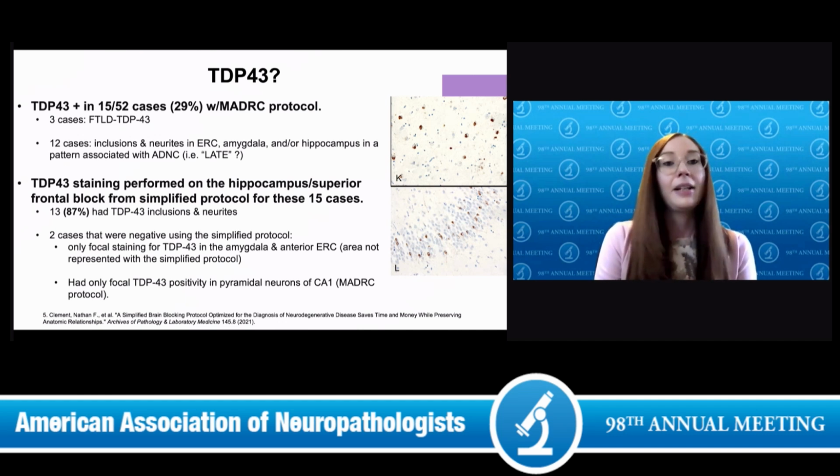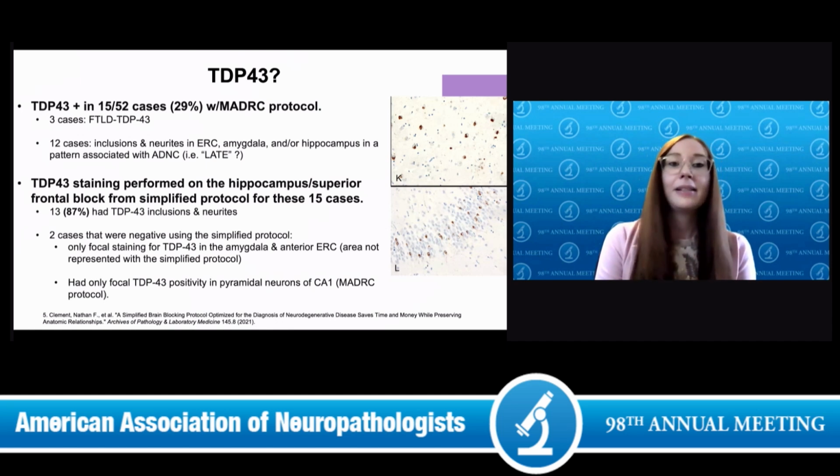The TDP staining was performed on the block that had the hippocampus and superior frontal, and what they found was that they were able to identify TDP-43 proteinopathy in 87% of these cases.